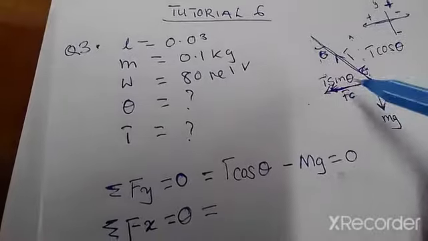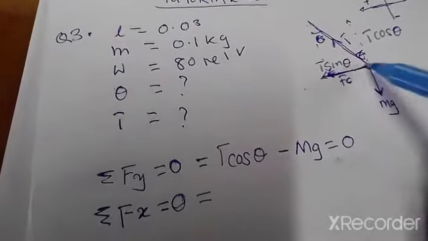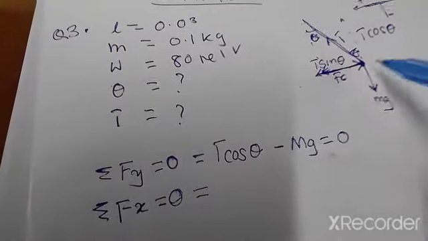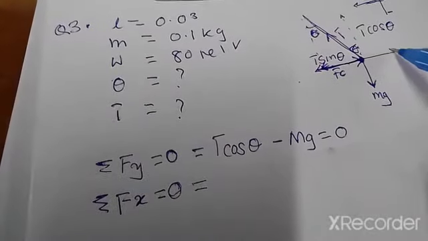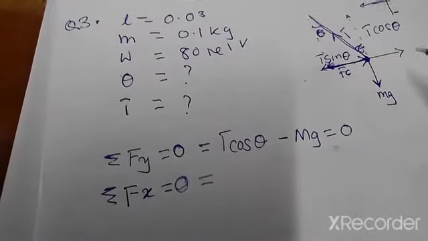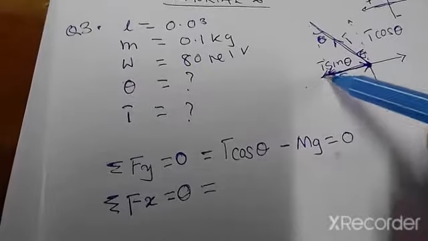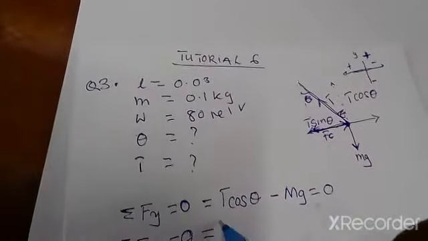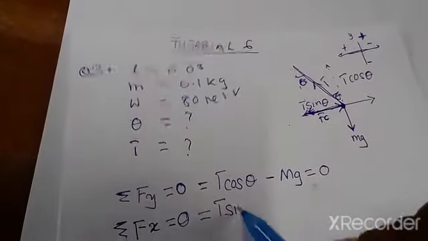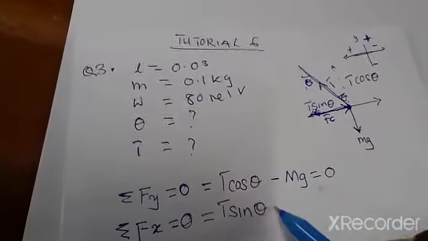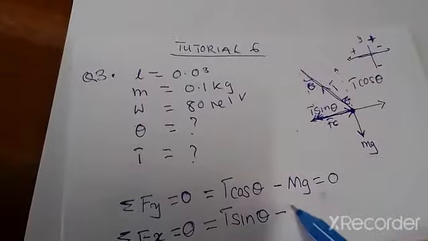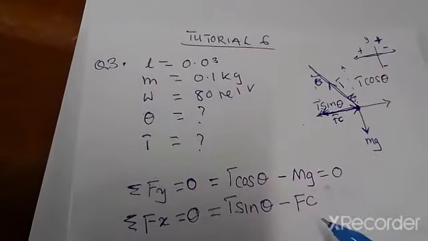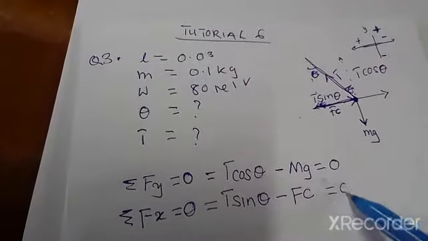The centripetal force is acting towards the center, so it is in the opposite direction, whilst the tension force is in this direction. So we have the tension force minus the centripetal force, which is going to be equal to 0.